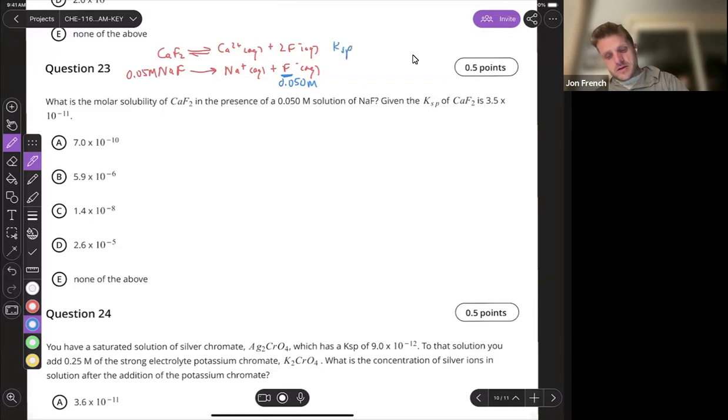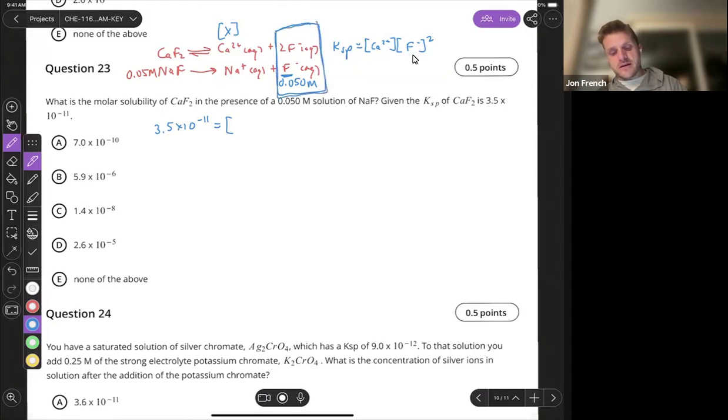All right, our KSP, concentration of calcium times my concentration of fluoride squared. We know KSP, 3.5 times 10 to the minus 11. Okay, here it is a little bit different, right? I don't know my concentration of calcium, so we call that an X. I actually know a concentration of fluoride already.